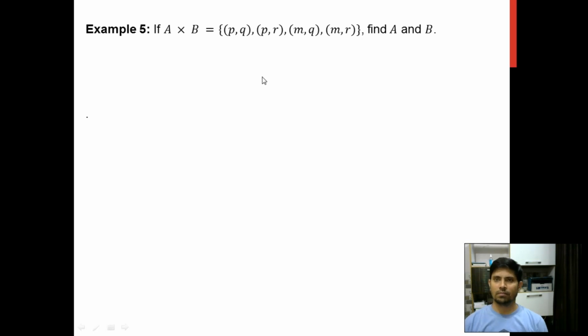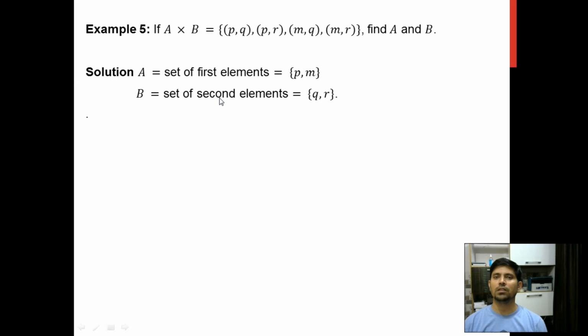We know that first elements belong to the first set. It means P and M both belong to the set A. And similarly, the second elements, that is Q, R, belong to the second set B. So here we write A equals the set of first elements, that is {P, M}, and B is the set of second elements, that is {Q, R}.